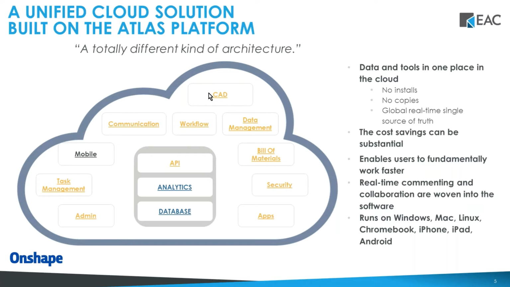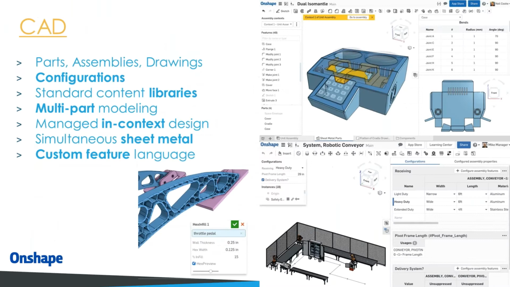So we have CAD capabilities, we have data management capabilities, certainly we have security, a variety of different types of apps, workflows are managed through there, lots of things are built into Onshape. So let's talk a little bit about a couple of these things that we see here. The first I'm going to talk about is the CAD portion of it. So it's a modern CAD product, it's parametric in nature.